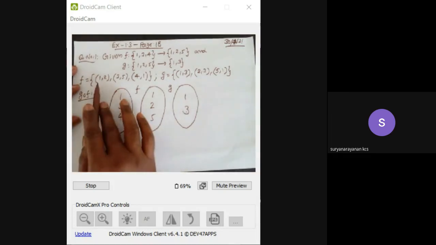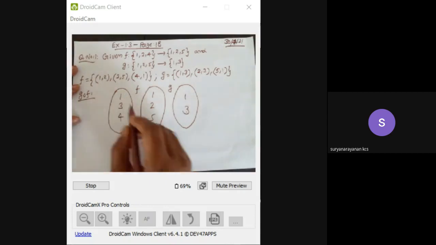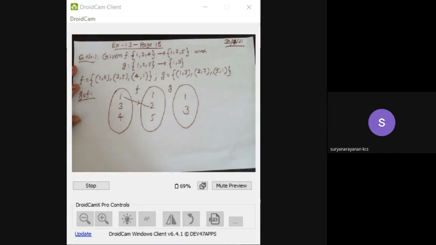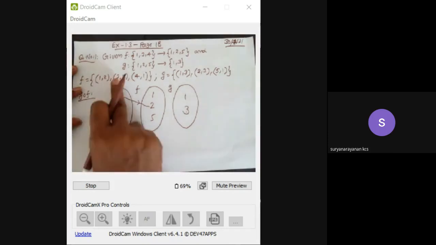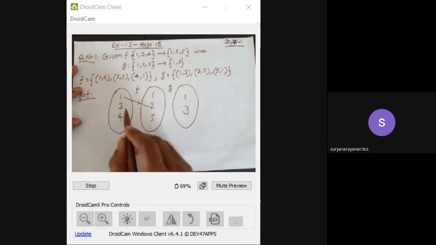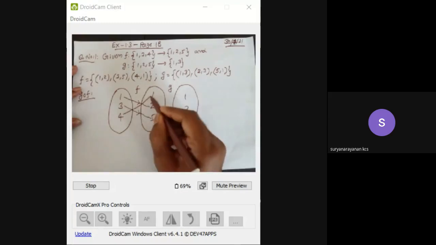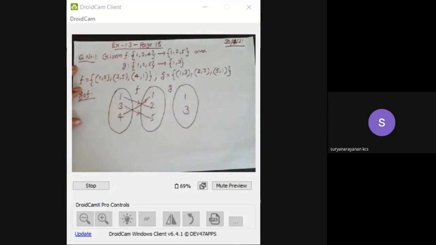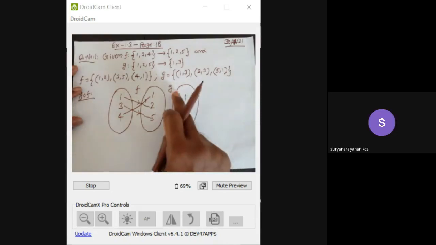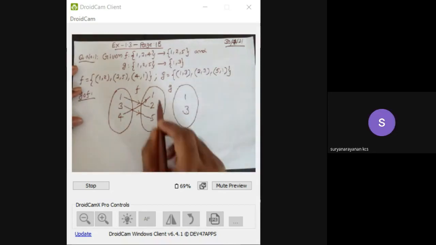See here, function F: 1 is connected with 2. Ordered pair (3, 5): 3 is connected with 5. (4, 1): 4 is connected with 1. Understood this arrow diagram for function F? Yes, sir. Now come to the function G. 1 is connected with 3.